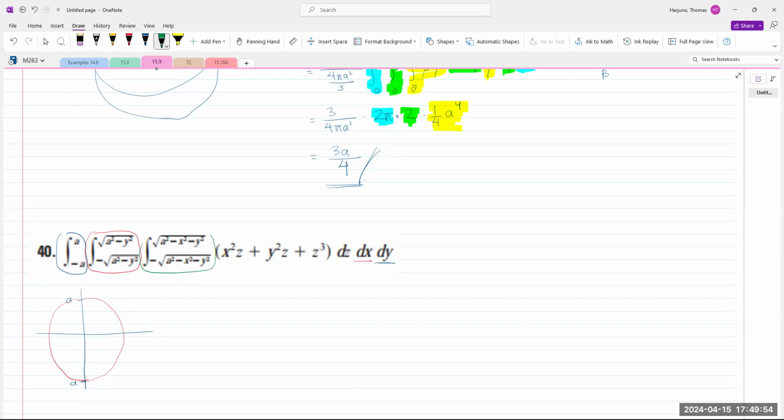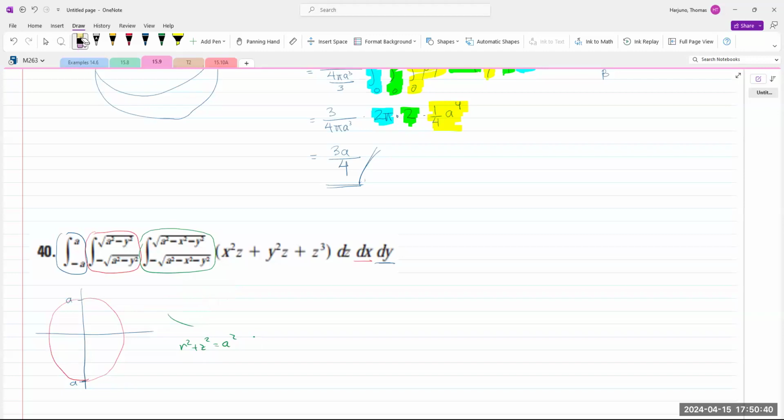The z is between the square root of a squared minus r squared to negative square root of a squared minus r squared. Whoa, that's just a ball, huh? Because this will give us r squared plus z squared equals a squared, right? Okay, that's basically a ball with radius a. Okay, not bad.